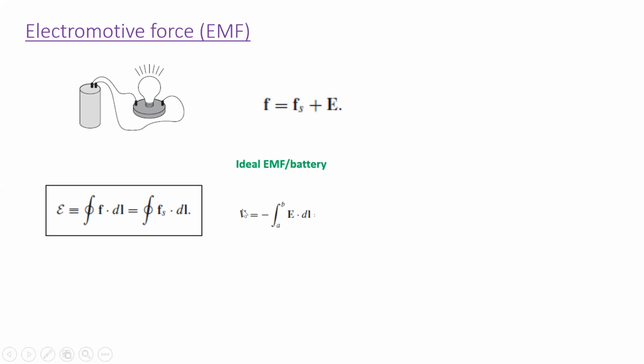Well, first, the voltage, you remember, is defined as minus the integral from A to B of E dot dl, where A would be one of these terminals and B would be the other. So for what's called an ideal battery or an ideal EMF, the force on charges can flow without any resistance within the battery.